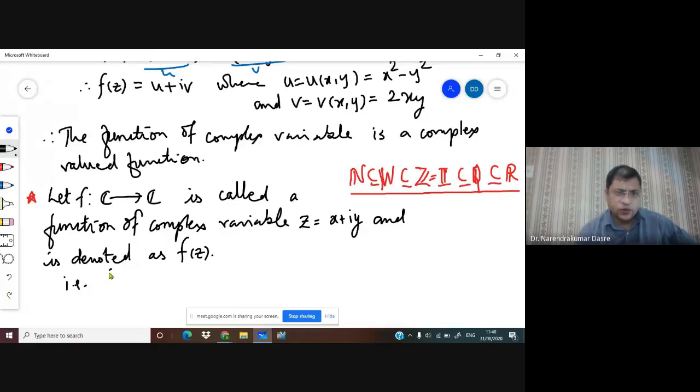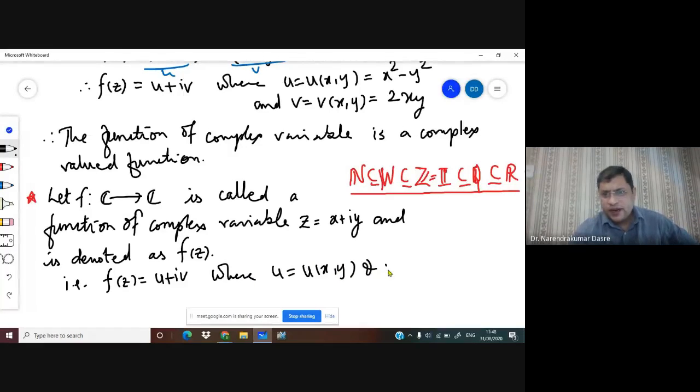So that is, we have seen that f of z is equal to u plus iv, where u is a function of x and y, and also v is a function of x and y.